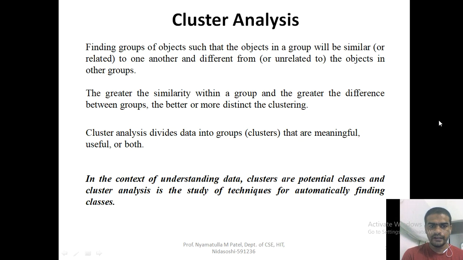The objects in one group should be different from the objects in other groups, which we call unrelated objects. Whenever you take a group of objects, the greater the similarity within the group, the greater the difference between the groups. So, in one group all the objects will be very much similar, and the more distinct the clustering we can do.